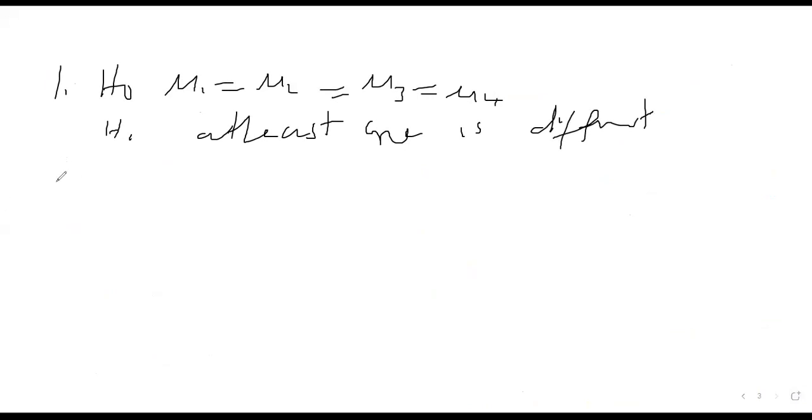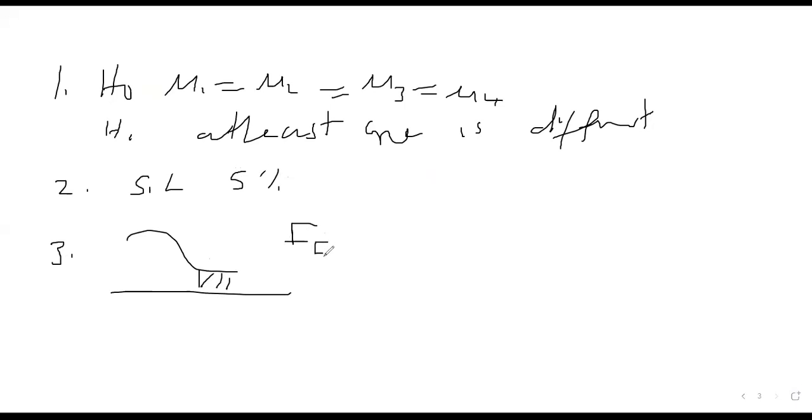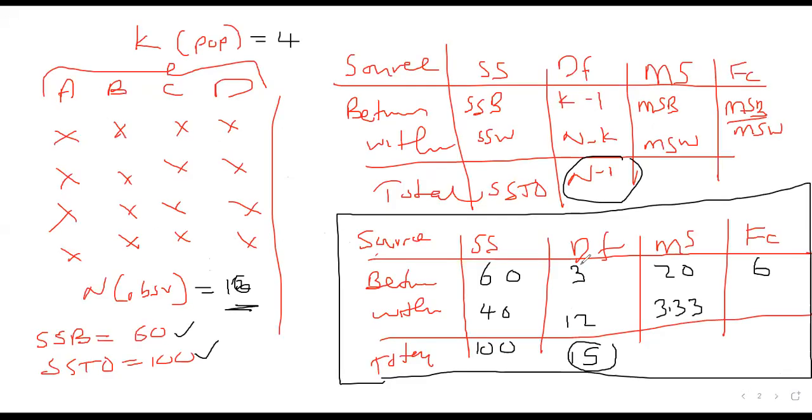Number 2, you set the level of significance. Suppose you're given 5%. Number 3, you read the table for the F critical value. So this is how we read it. Use the same 5%, but the degrees of freedom in coordinates. So we had 3, 12.